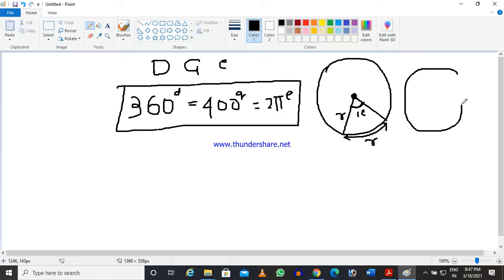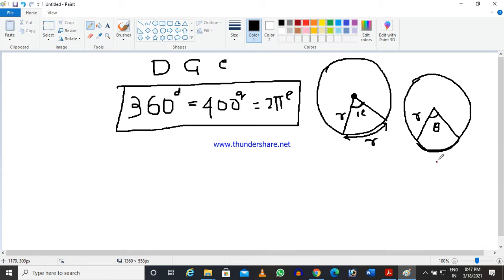If this is a circle, and this is the radius r, if this angle created is theta, which is in radian, and this arc length is s, then s equals r into theta. You should remember this also.